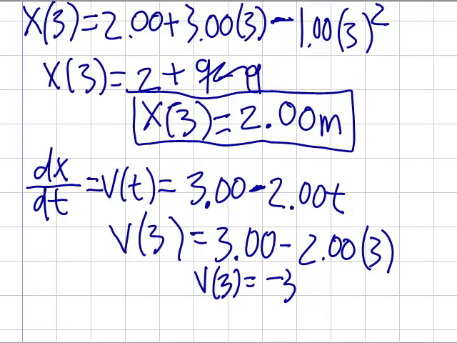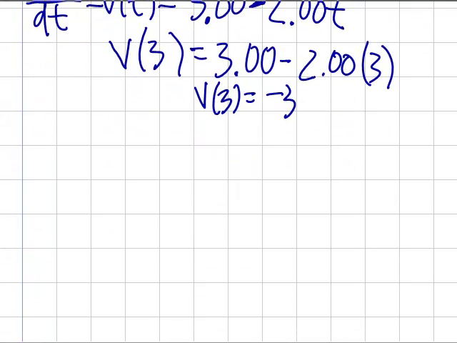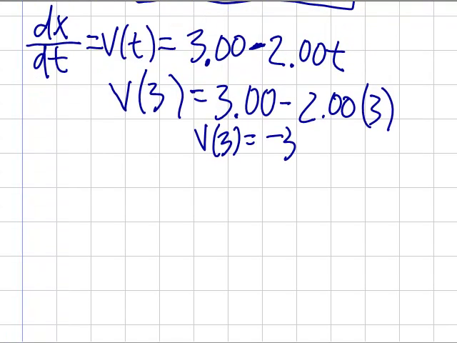Then we have to find the acceleration too, so now we take the second derivative, d squared x over dt squared. That's all that means.